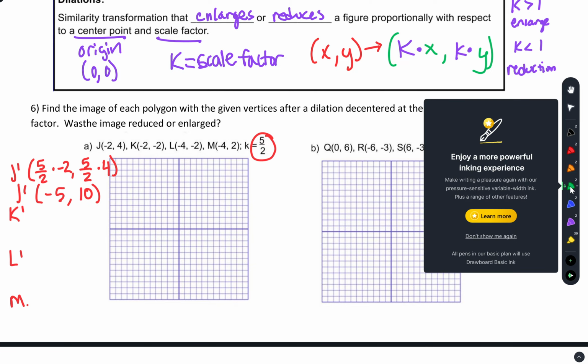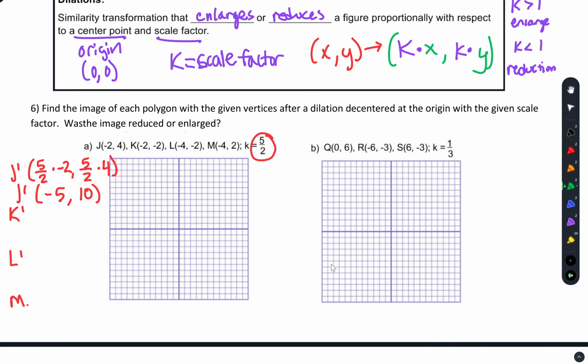Let's plot this first. JKLM will end up at -2, 4, -2, -2, -4, -2, and -4, 2.